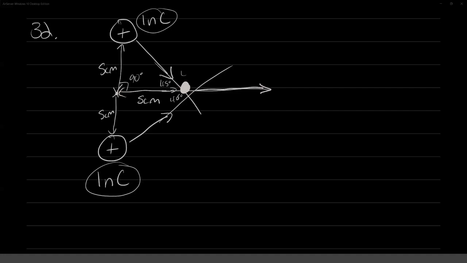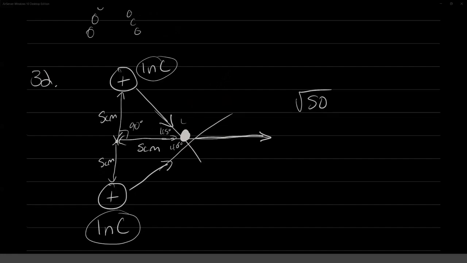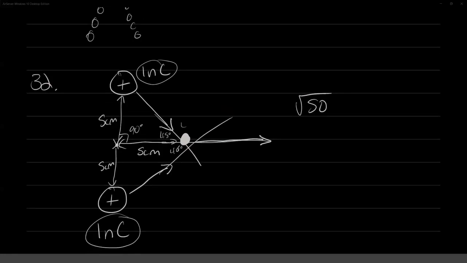You'll use a squared plus b squared equals c squared to find the length of the side that we don't know. Yeah, that's right. So you do the square root of 50, which is 7.07 centimeters. I just used the Pythagorean theorem quickly.